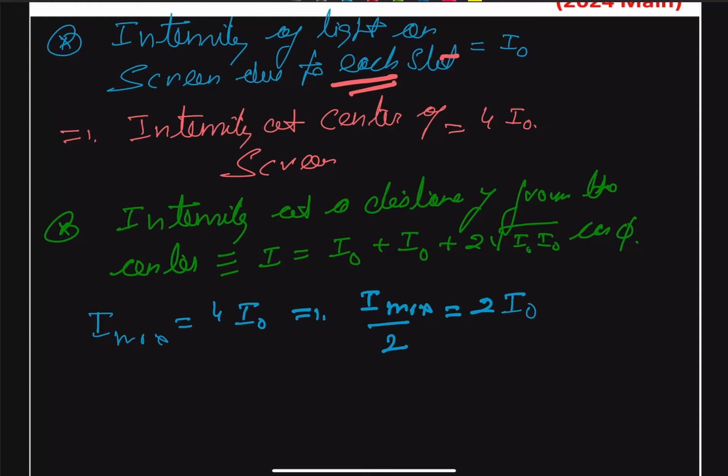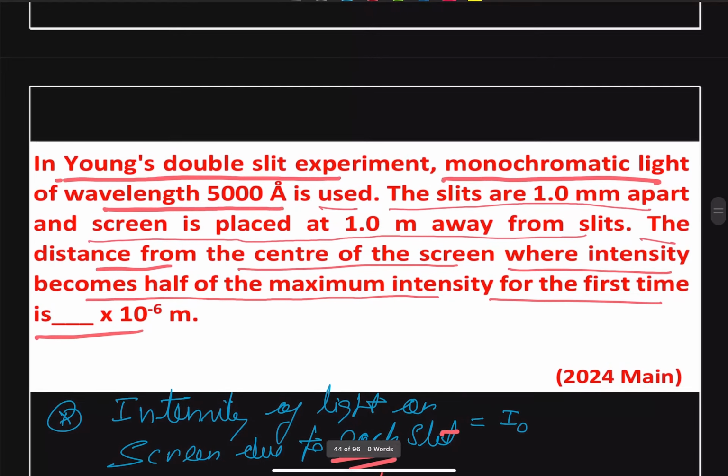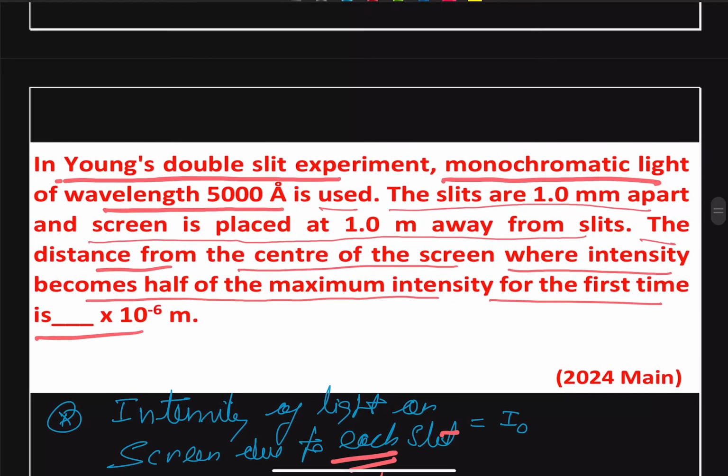So this gives us that this will be equal to twice I naught plus twice I naught cos of phi. Sorry, not I naught, but I only. One second, let me check whether it is I or I naught. The distance from center, half of the maximum intensity.